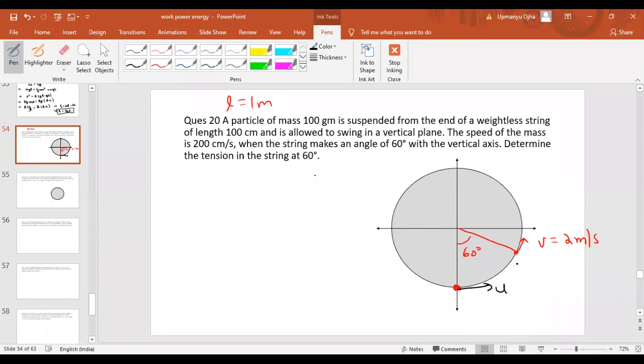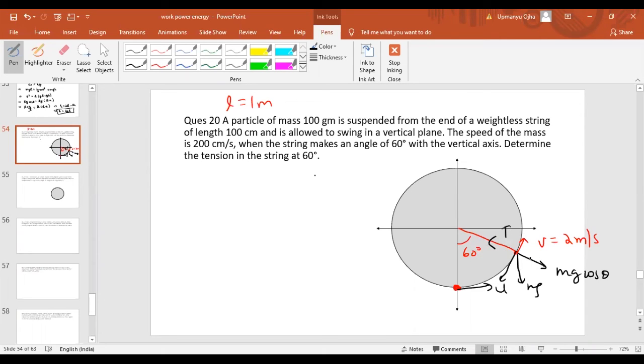If you draw the free body diagram, we will have mg acting downward, and mg will have two components, along the string and along the tangent. If this is 60°, this should be 60°. So this would be mg cos theta, and this will be mg sin theta. Tension will be acting along this direction.